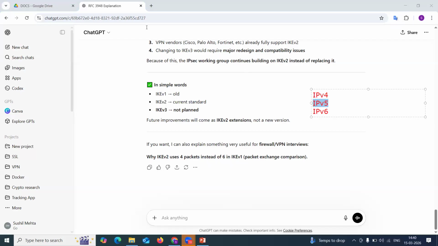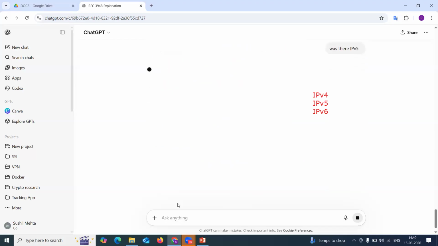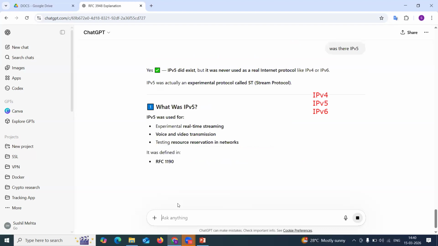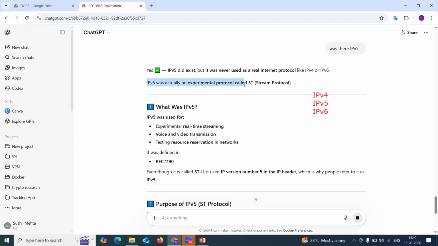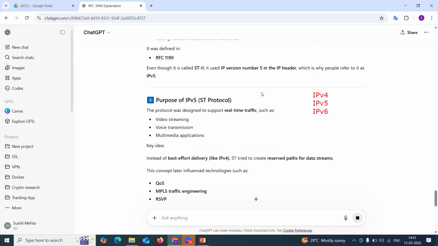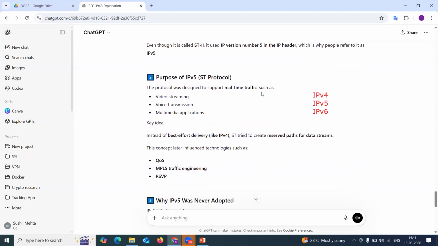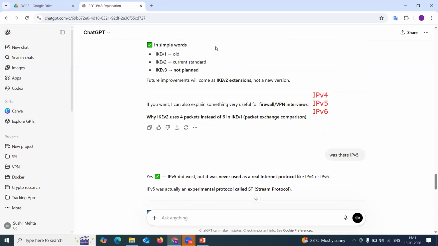If you ask ChatGPT, was there IPv5? See, it was an experimental protocol. It was there.